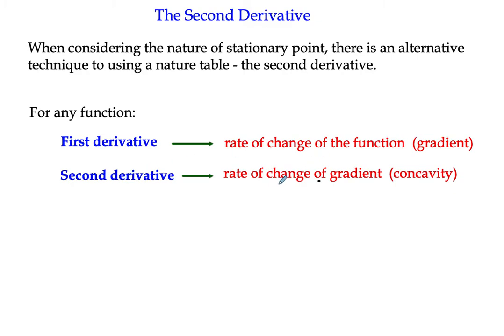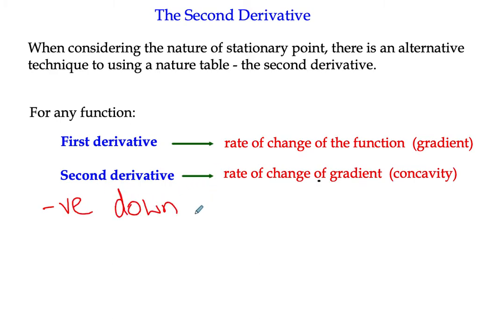The second derivative, we've been learning at the moment, is about concavity. We did examples a little while back about concavity and points of inflection. So that's the rate of change of gradient. So what we're basically saying here is that if the second derivative is a negative value, then it's concave down.